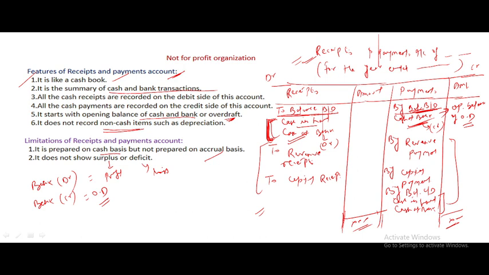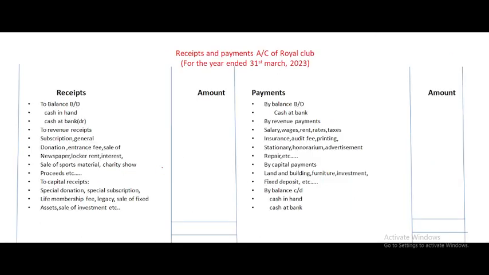Limitations done. Next slide, we have the format of receipts and payment account. First we write receipts and payment account of Royal Club. In bracket we write for the year ended 31st March 2023, and we draw 4 columns.